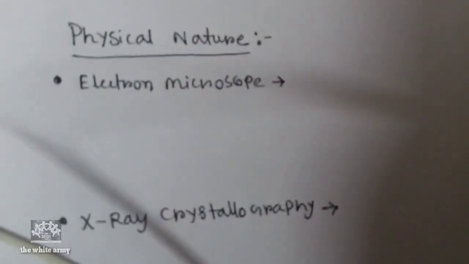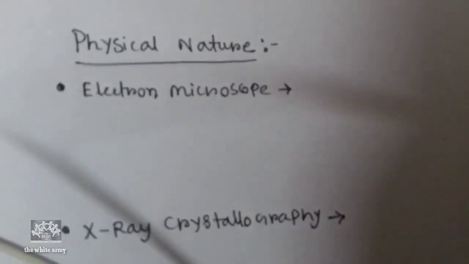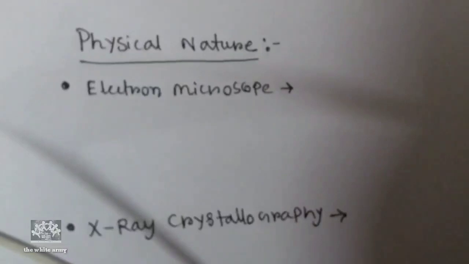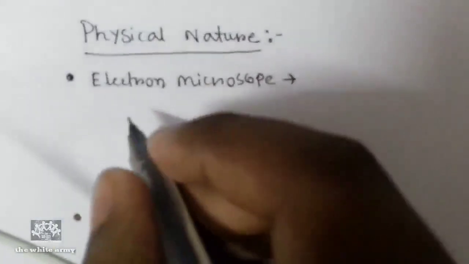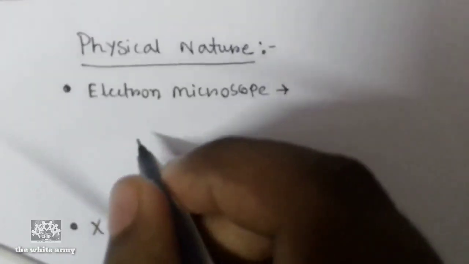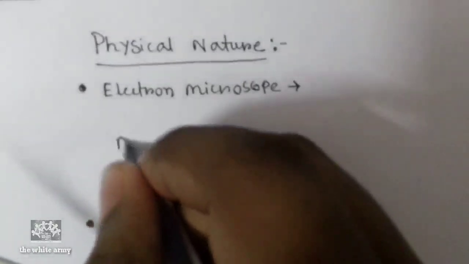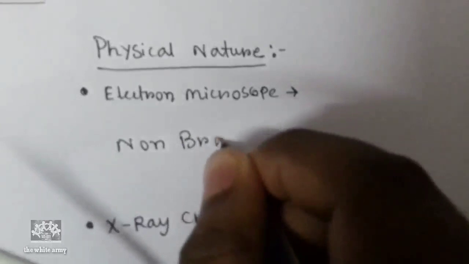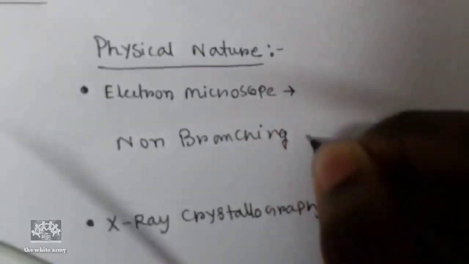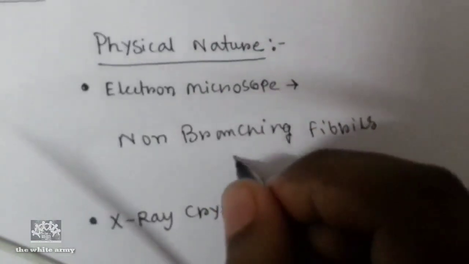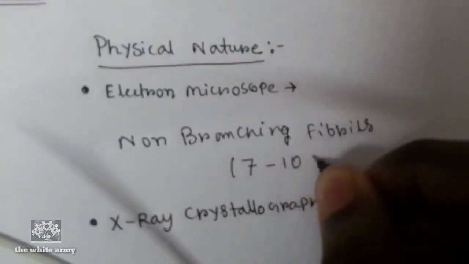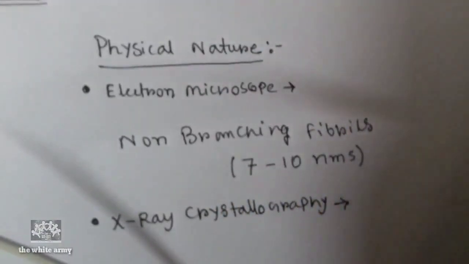What is the nature of these amyloids? In physical nature, we can assess them by two means. We can examine them under an electron microscope, where we see non-branching fibrils of indefinite length, basically 7 to 10 nanometers in diameter.